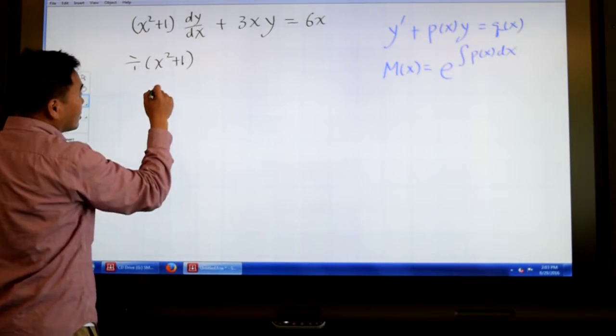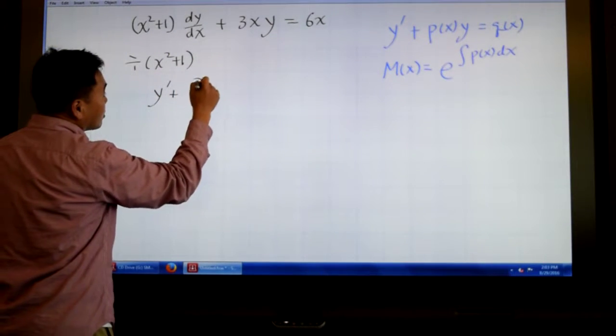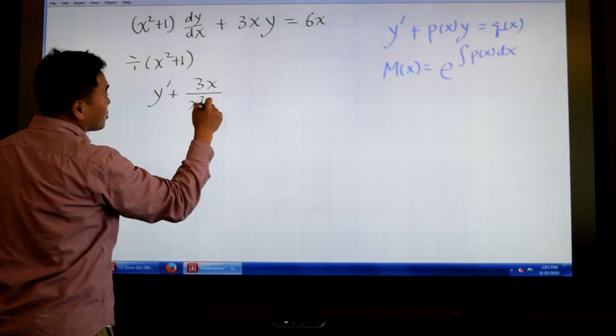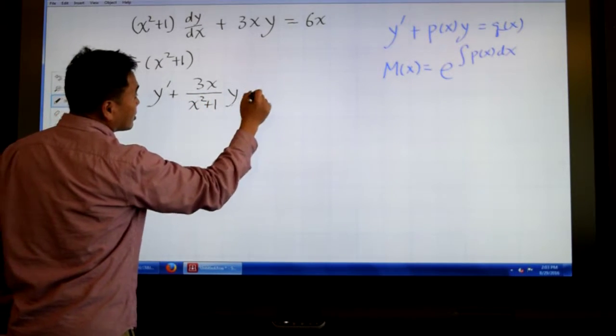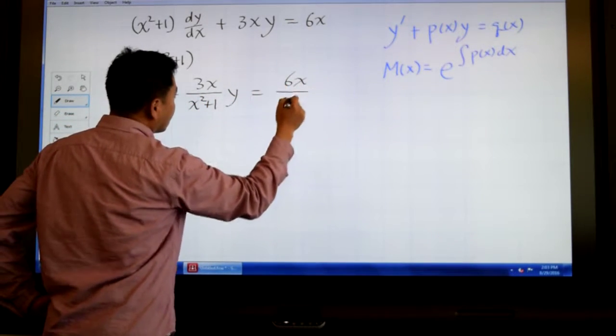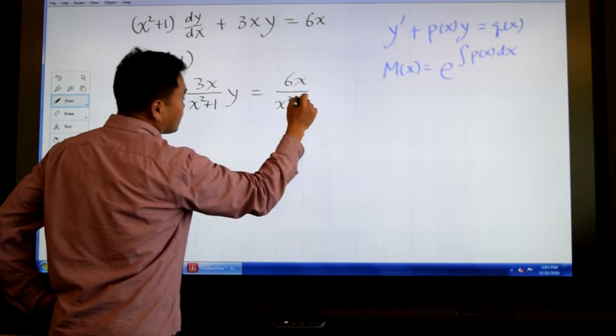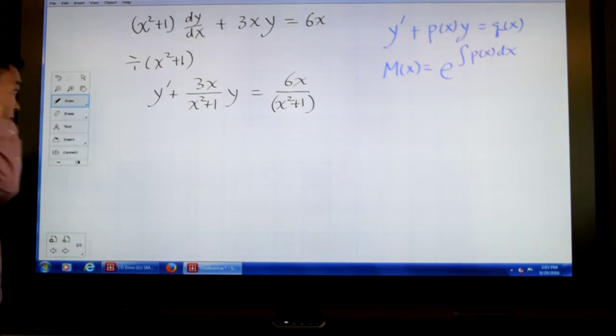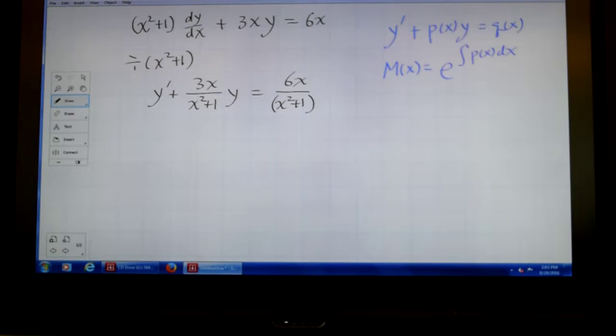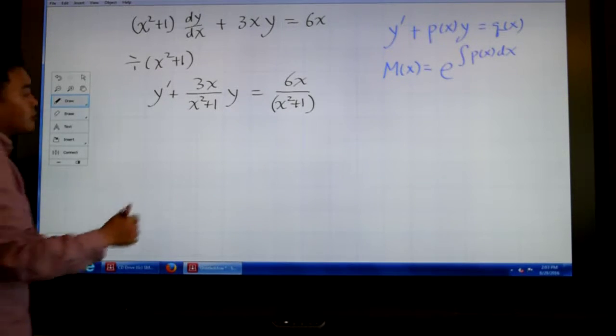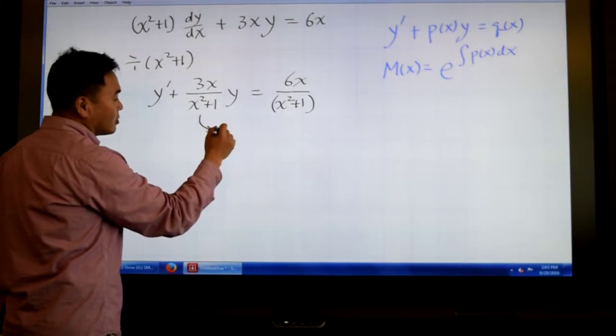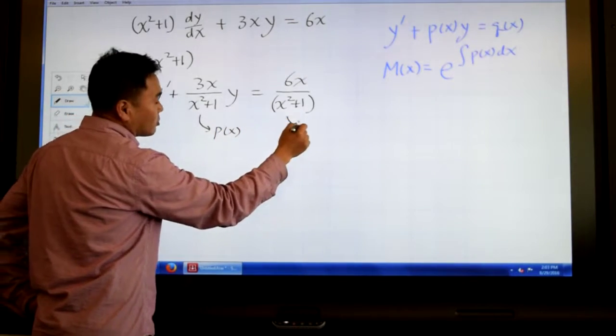Okay, so you have y prime plus 3x over x squared plus 1 y equal to 6x over x squared plus 1. Then we can say that this is our p(x), and that's the q(x).